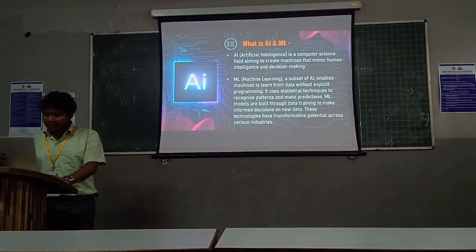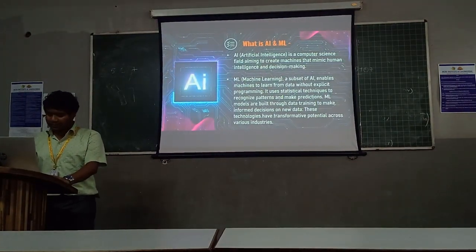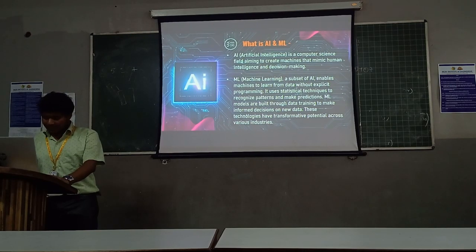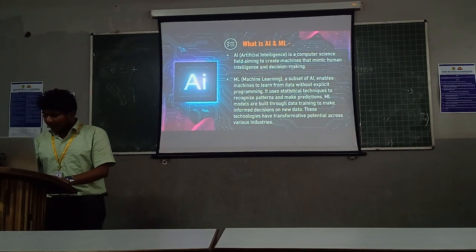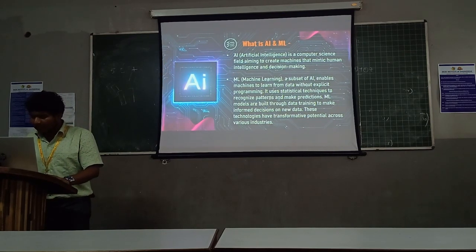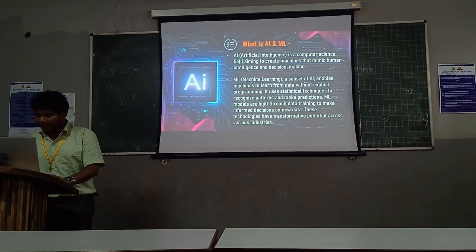By listening to the topic, the first question that comes to your mind is what are artificial intelligence and machine learning? Artificial intelligence is a computer science field aiming to create machines that mimic human intelligence and decision making.